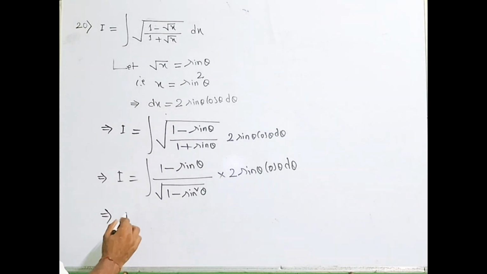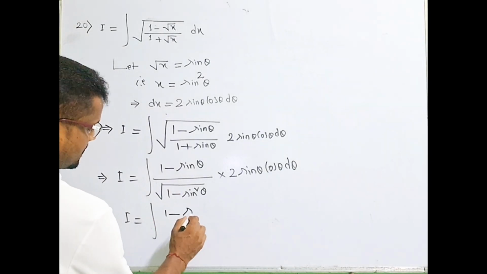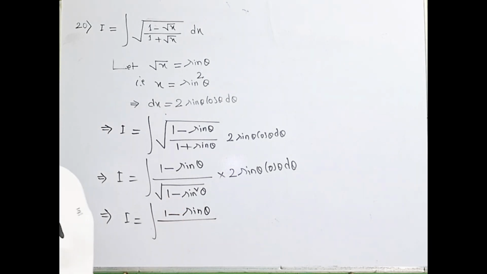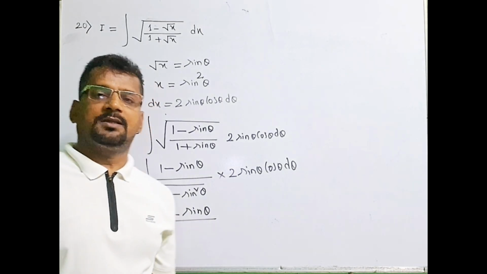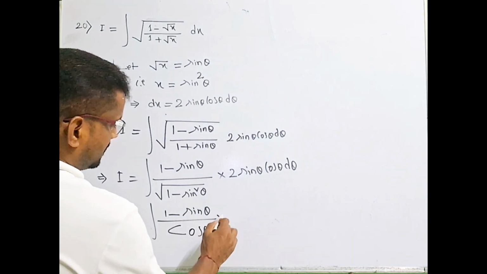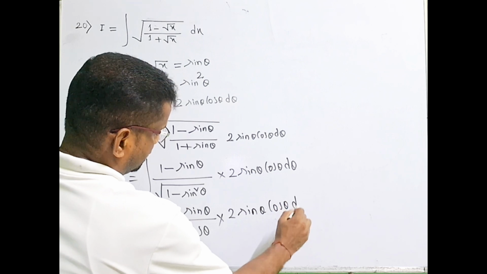This gives you I equals the integration of 1 minus sine theta as it is by under root over 1 minus sine square theta, which is what? Root over cos square theta. So what will come out? Only cos theta will be here into 2 sine theta cos theta d theta.